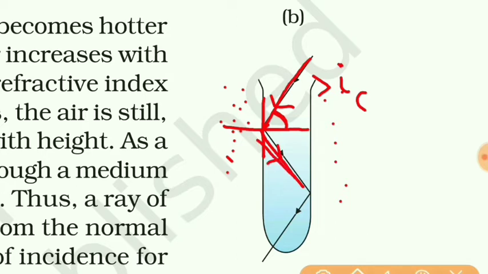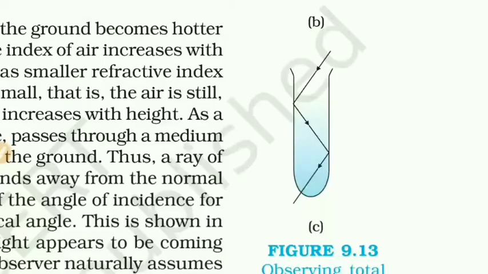Once again it strikes here, once again this is the normal, so this is the incident angle, again it is greater than the critical angle, so this ray will be reflected in the same medium. In that way the ray will proceed. Students, this concept is used in optical fibers.